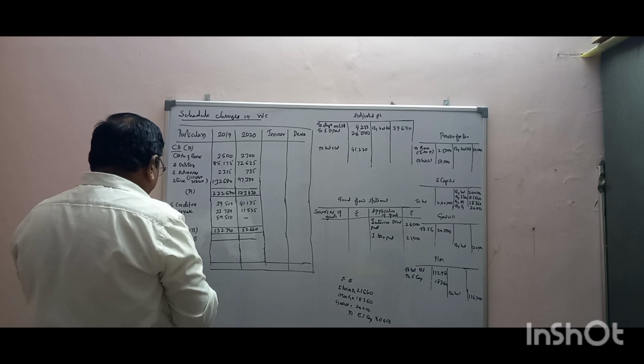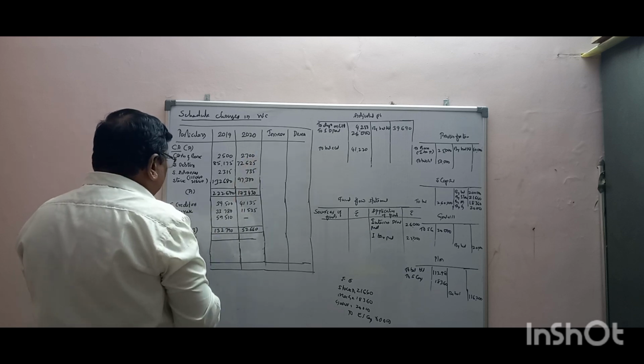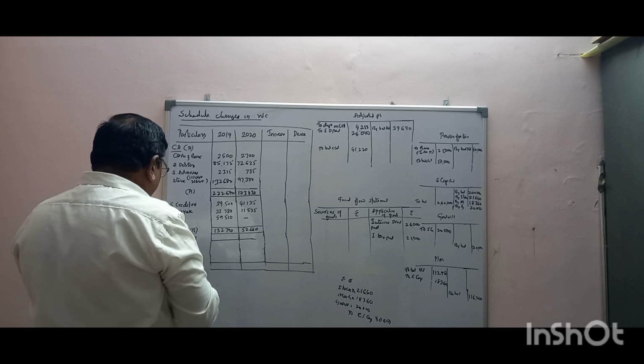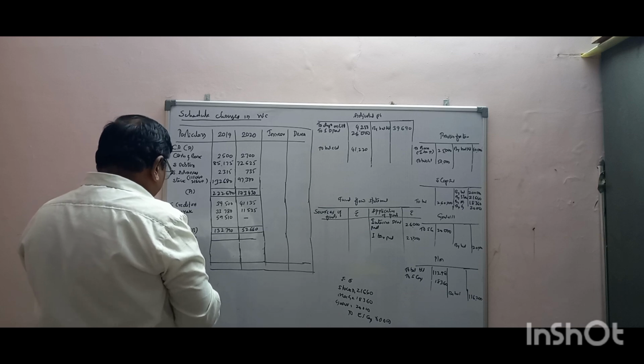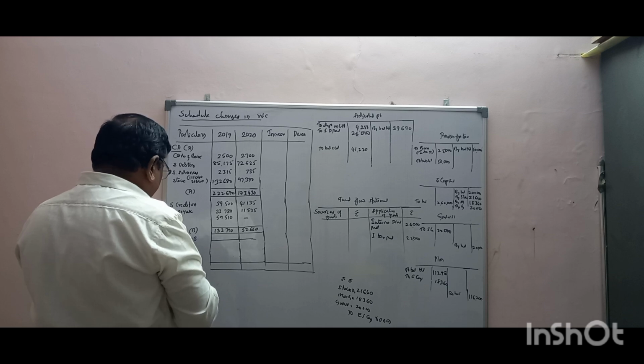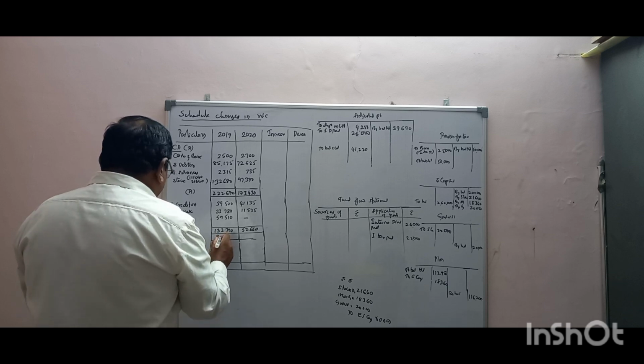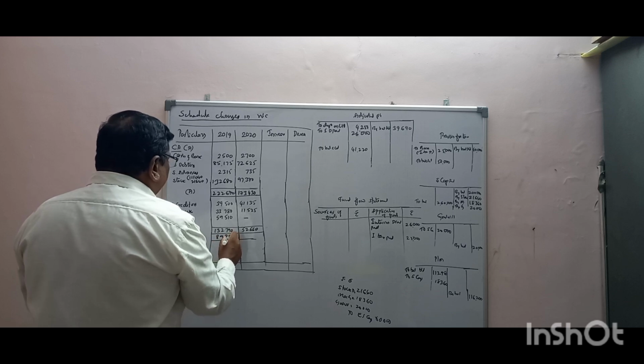Now A minus B: the total 2,22,670 minus 1,32,790 is 89,880. This is the working capital.